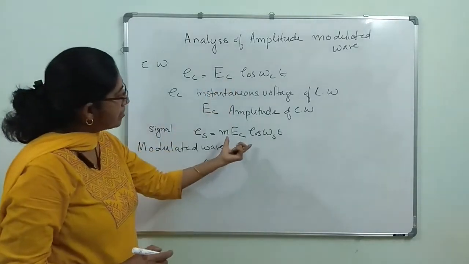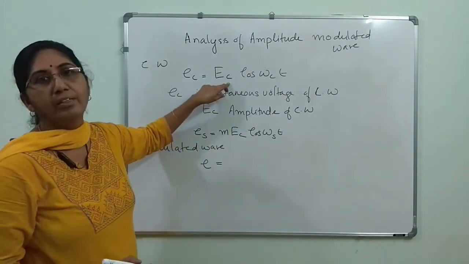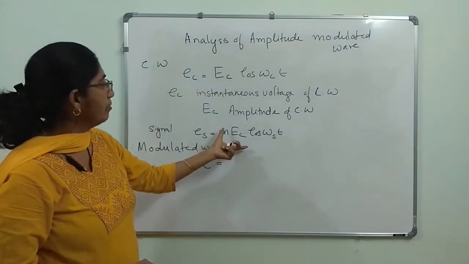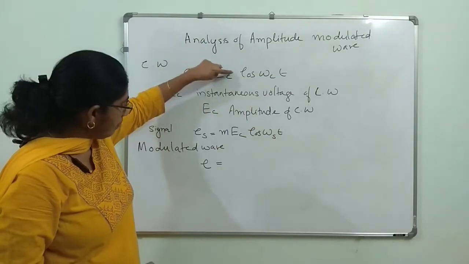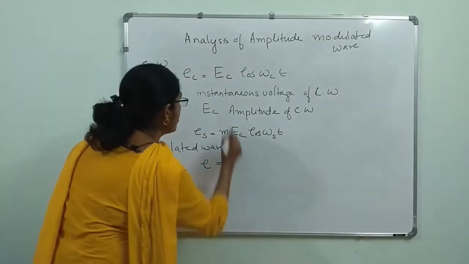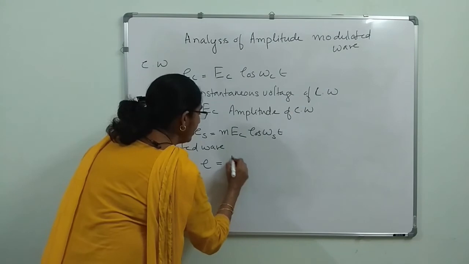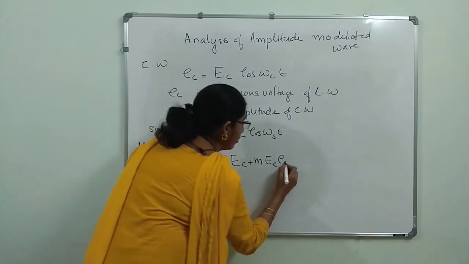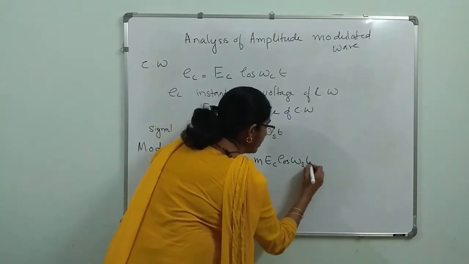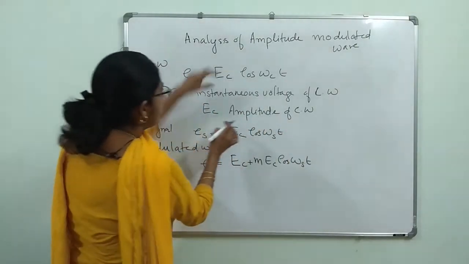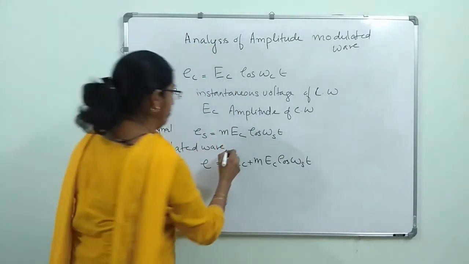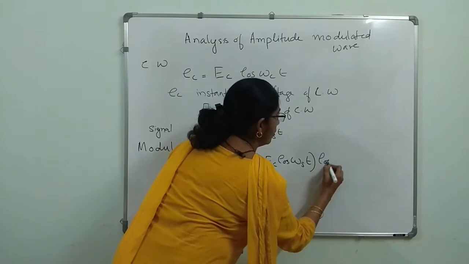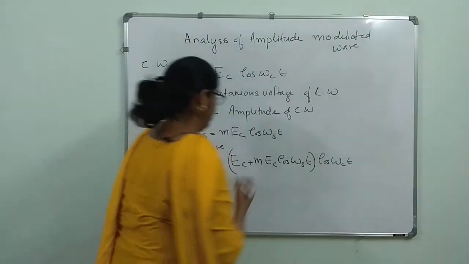We have to add this variation to the amplitude of the carrier wave. You have seen in the figure that to this amplitude we are adding the signal term. So instead of EC we'll be writing EC plus MEC cos omega ST, because this whole term is being added to the amplitude of the carrier wave, into this term cos omega CT.